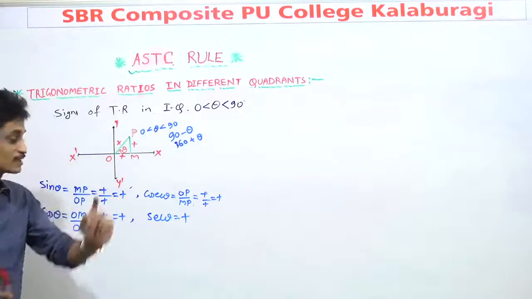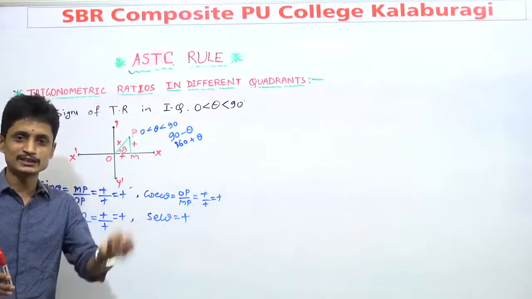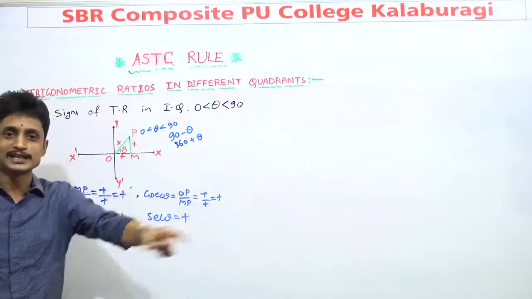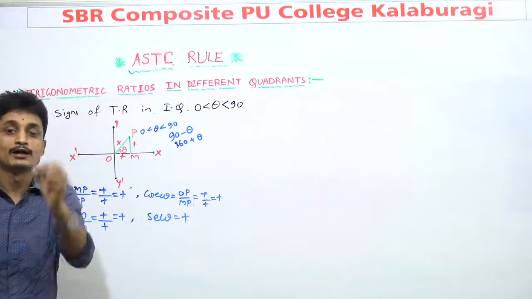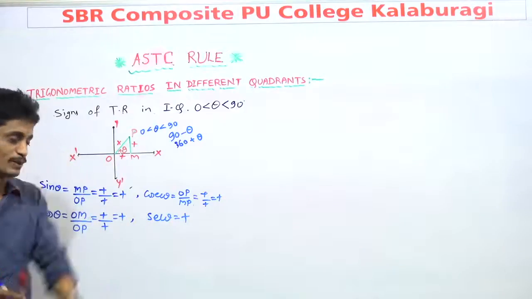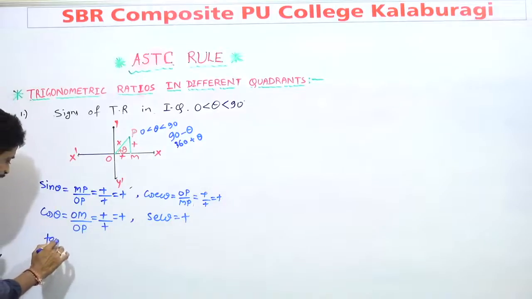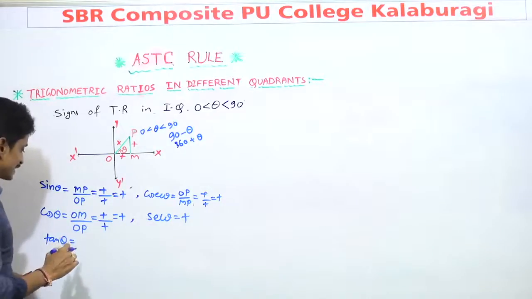It means the meaning of this rule is secant of 1 degree, 2 degree, 3 degree up to 89 degree, your output value will be a positive value. You will never get any negative value. Now the last ratio, that is tan theta. What would be tan theta?